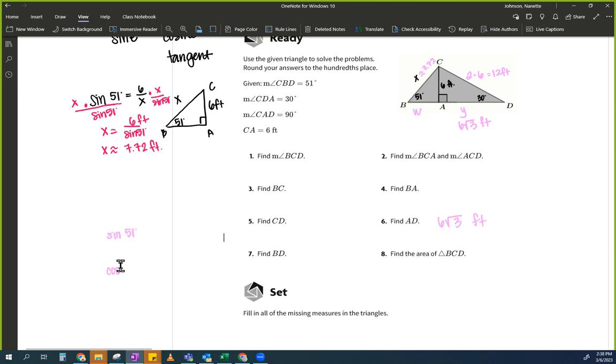Based on this, this will tell you which of the three are good to use. So if you haven't used this, this is SOHCAHTOA. So sine of 51 is going to be opposite over hypotenuse.